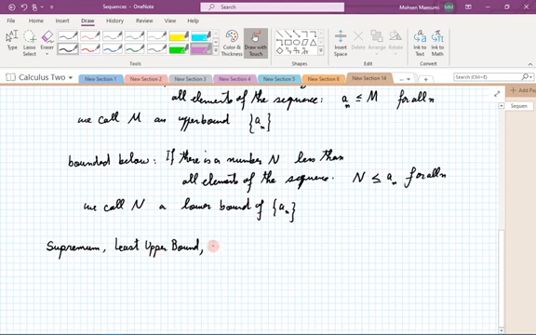Sometimes this is abbreviated to LUB, so least upper bound, LUB. That is the smallest number that is an upper bound of a sequence.